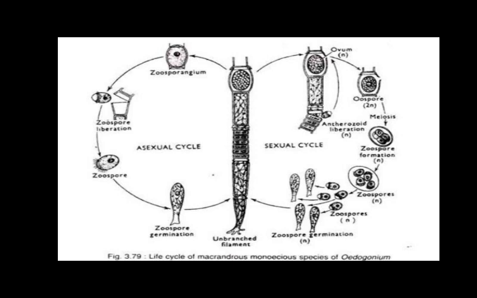You should always remember that in Oedogonium 2 types of species are present, macrandrous and nannandrous. In macrandrous species, just like all other algae, both male and female filaments are morphologically similar. In a monoecious species, both male and female organs are produced in the same filament.